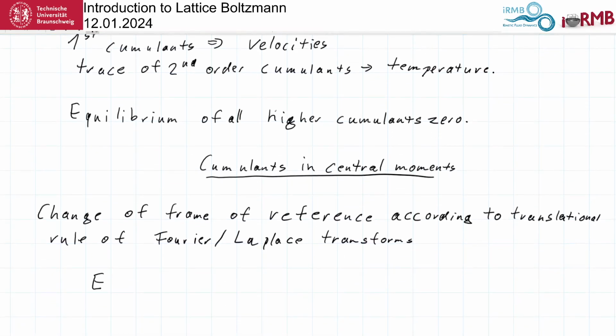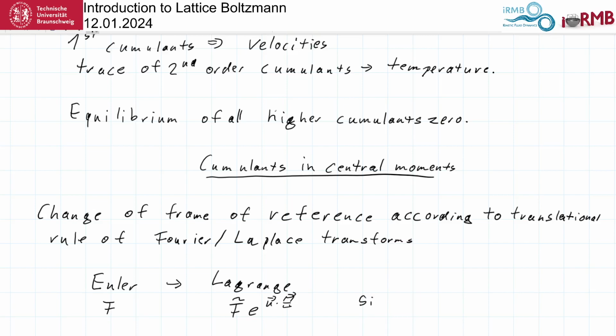So if we are in an Euler frame and we have F here, then we can write this in a Lagrange frame as a different F times e to the power of u times xi. This is the translation here.